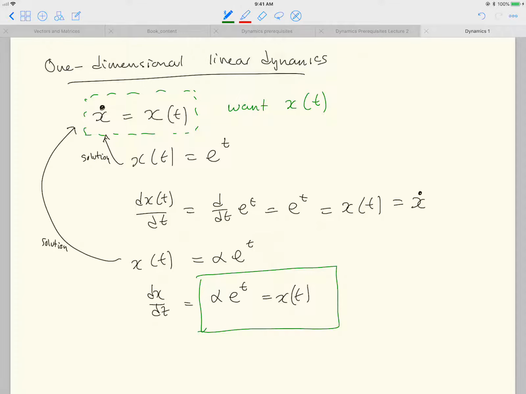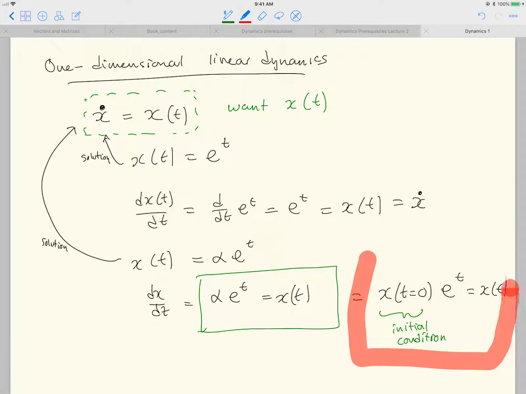We can equally rewrite this as x at t equals 0 times e to the t. And here's the explicit description of the initial condition. And that's the solution to x dot equals x.